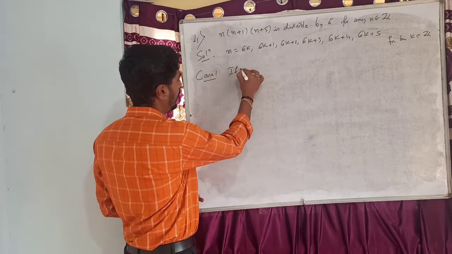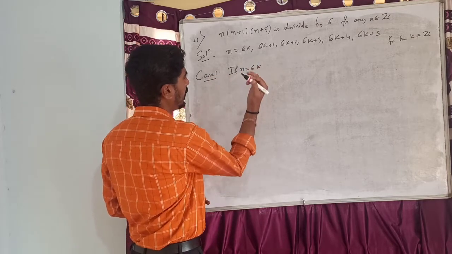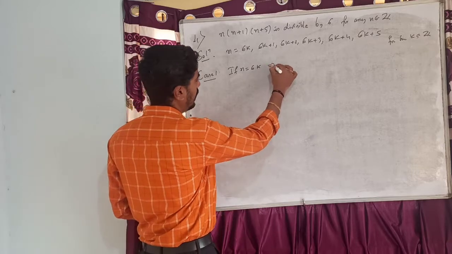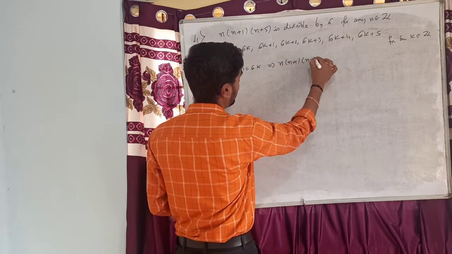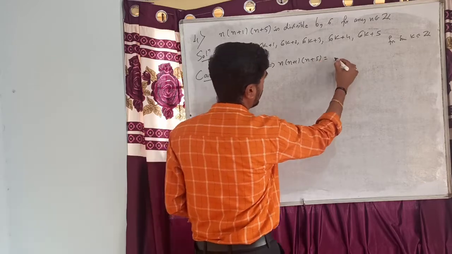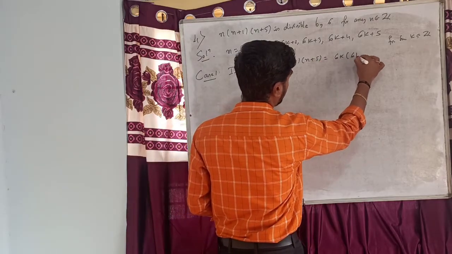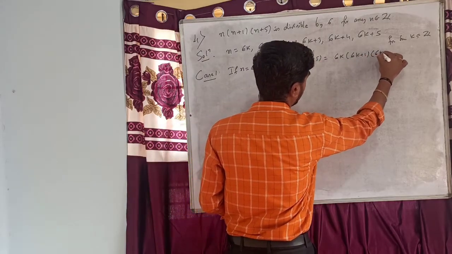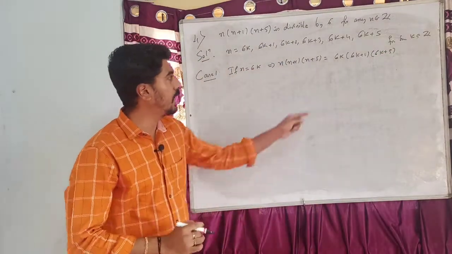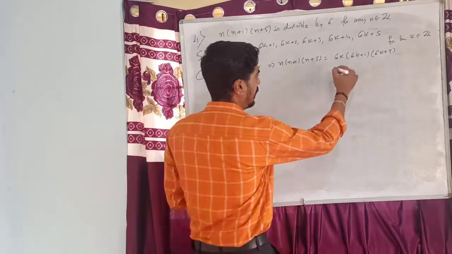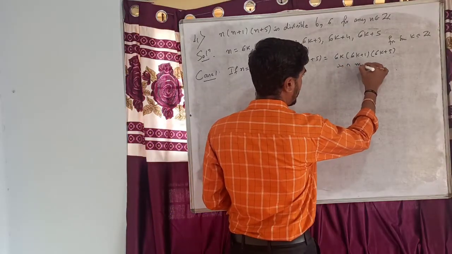If n is equal to 6k, then this product n into n plus 1 into n plus 5 will be equal to 6k into 6k plus 1 into 6k plus 5, which is clearly a multiple of 6.